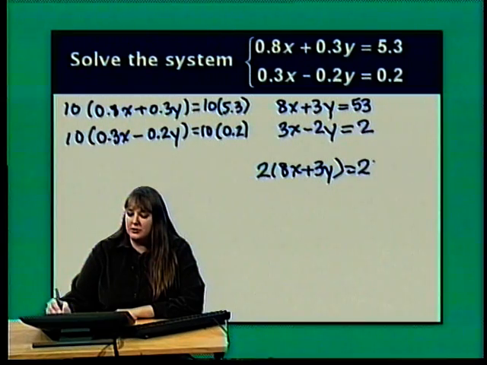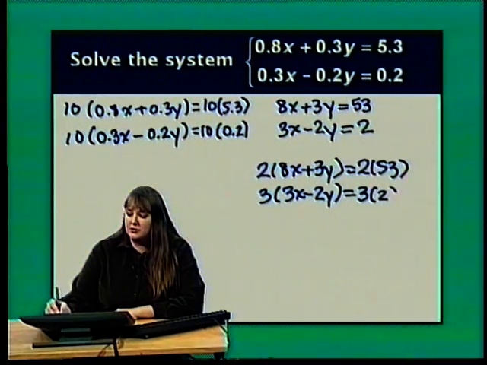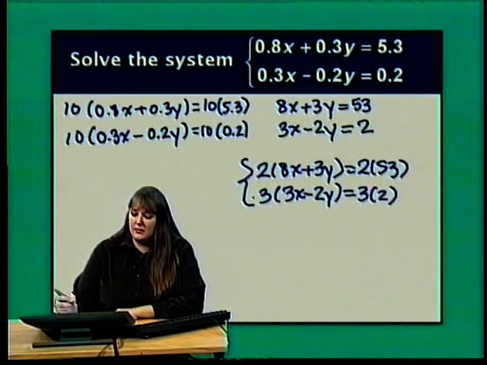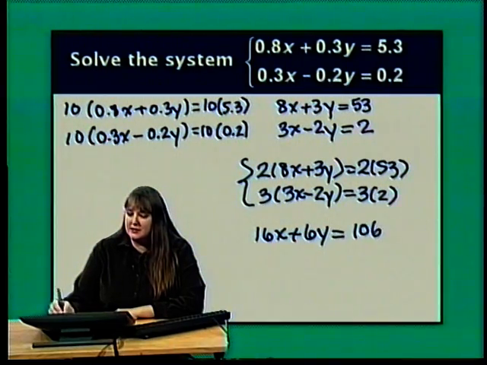So I'm going to take 2 times 8x plus 3y equals 2 times 53. And I'm going to take 3 times 3x minus 2y, which will equal 3 times 2. So the first equation becomes 16x plus 6y equals 106.